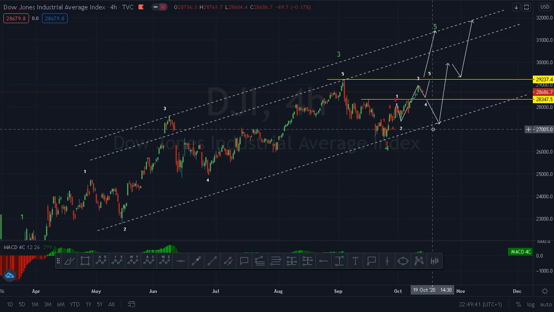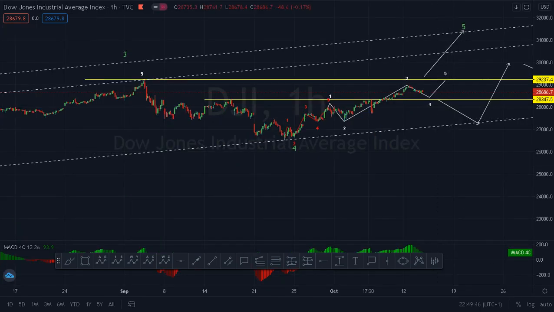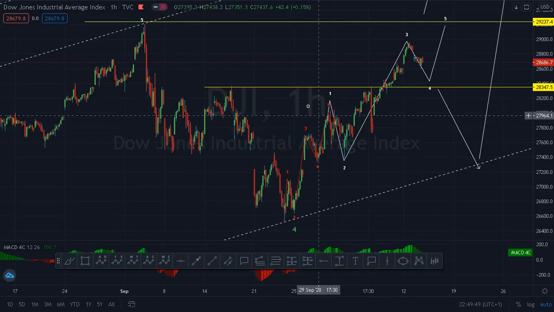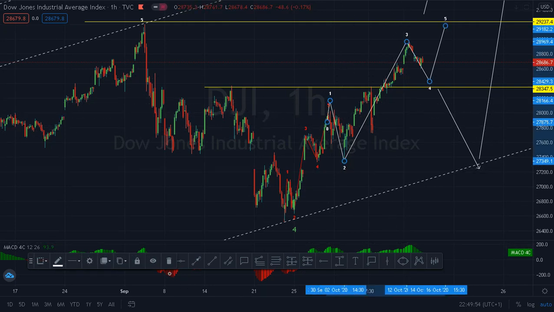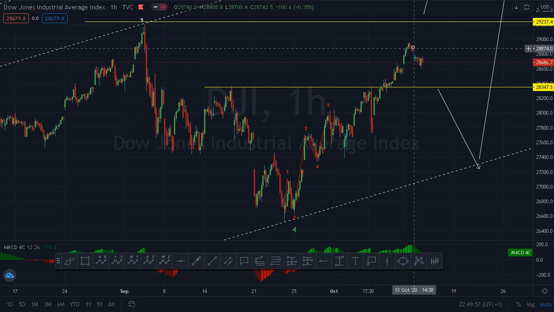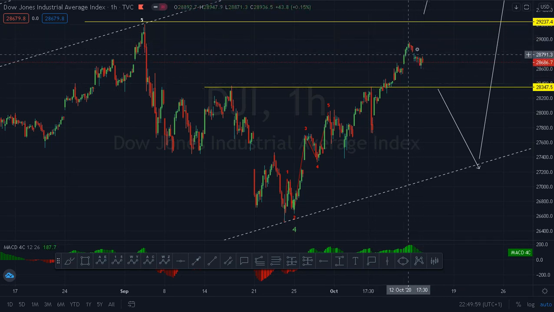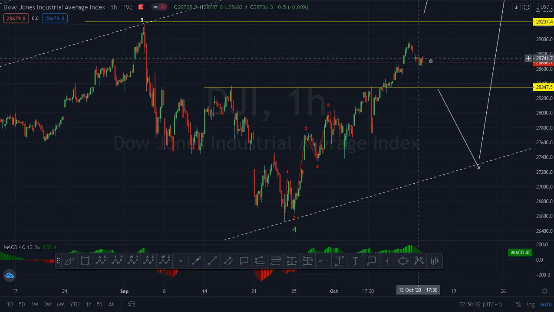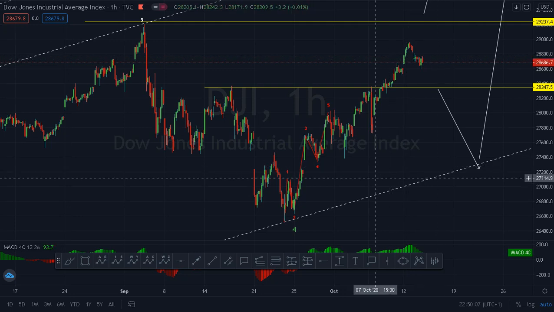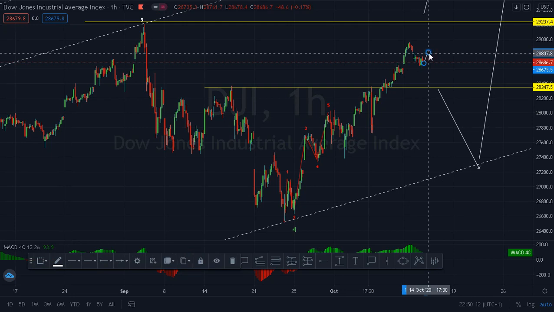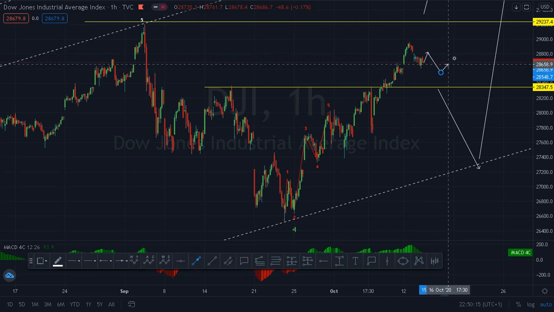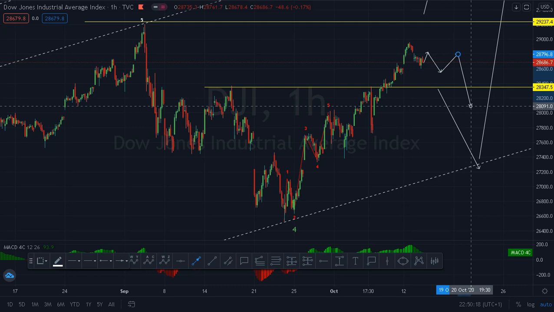Selling can make sense. Okay, let's see the 1 hour to know if selling can make sense. On the 1 hour we can see that the price is going down, though not with a strong trend, but we might have something like this.